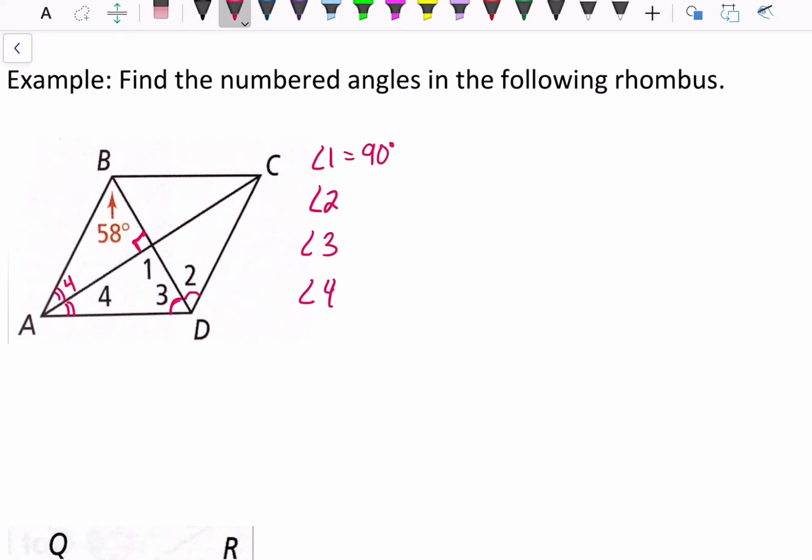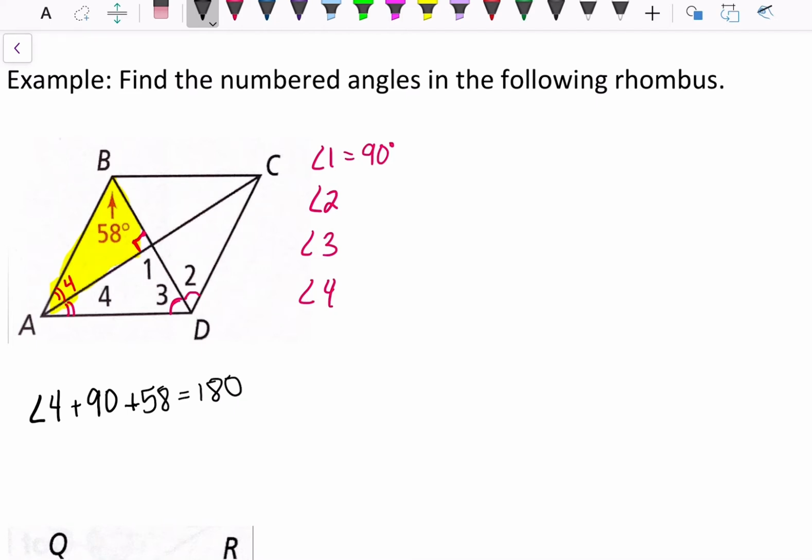So I can use this triangle right here to find the measure of angle 4. If I know that the sum of the angles of a triangle is 180, then angle 4 plus 90 plus 58 should be equal to 180.